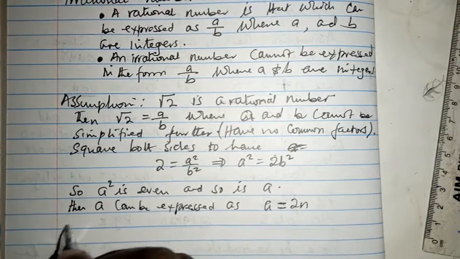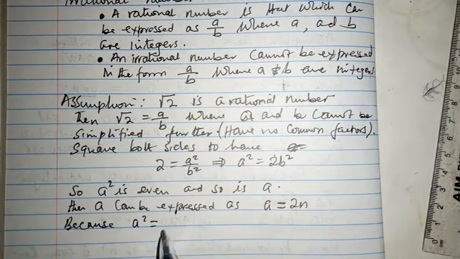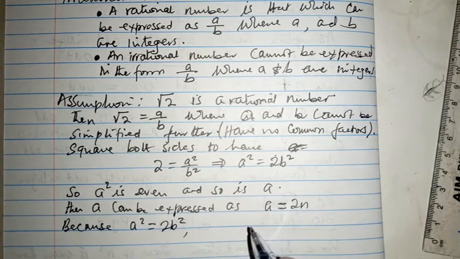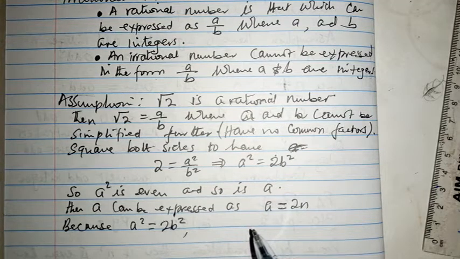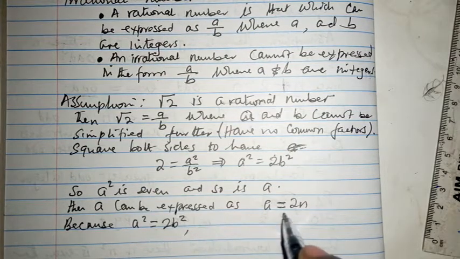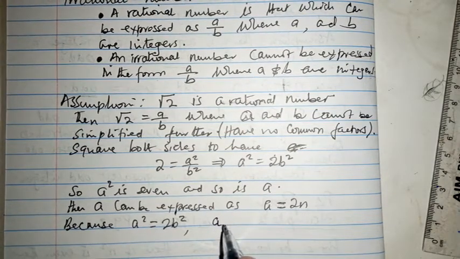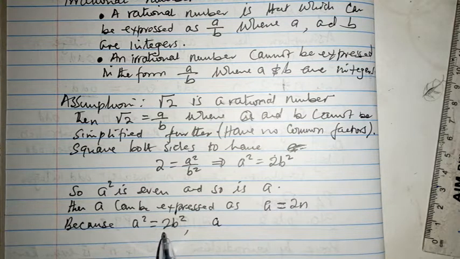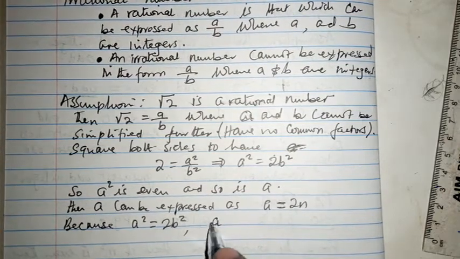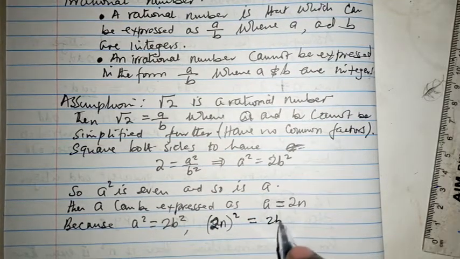And because a squared is 2b squared, and a is 2n, then 2n squared is also equal to 2b squared.